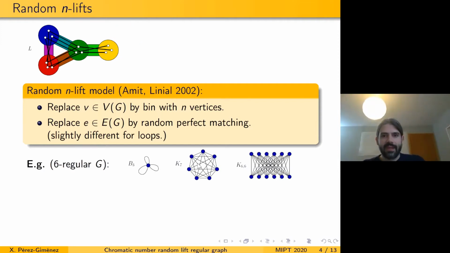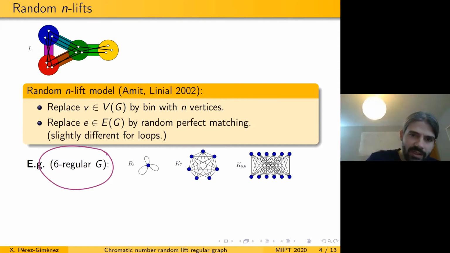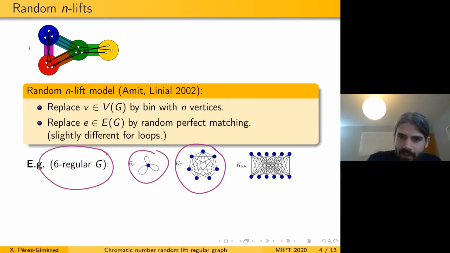Okay, so if your base graph G is 6-regular, or d-regular in general, depending on what G you pick, you get a different model of random 6-regular graphs. You could pick the K7, or you could pick a bouquet with 3 loops, or you could pick the complete bipartite graph K66.